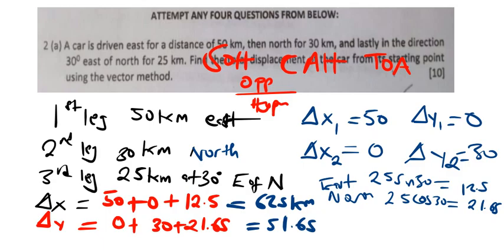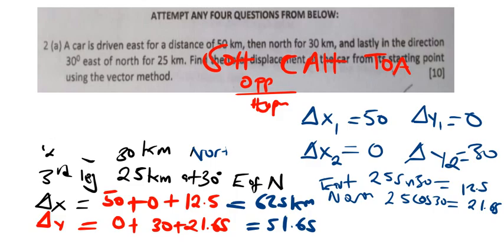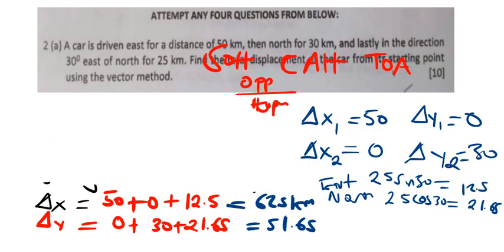Now I'm trying to find the magnitude. So let's find the magnitude. We know the way we find the magnitude of this vector, since we found what we have as a change in all the directions, the magnitude in this case will be equal to the square root of 62.5 squared plus 51.65 squared.